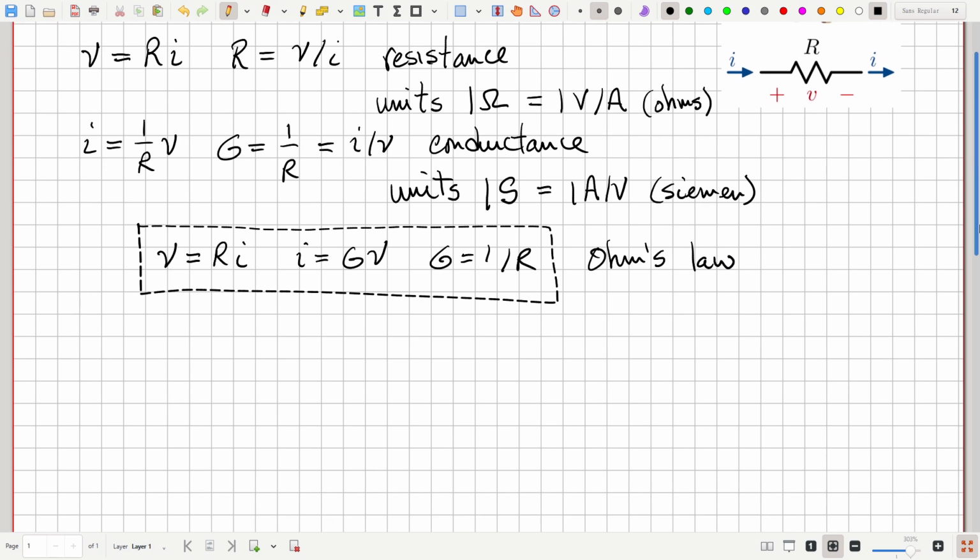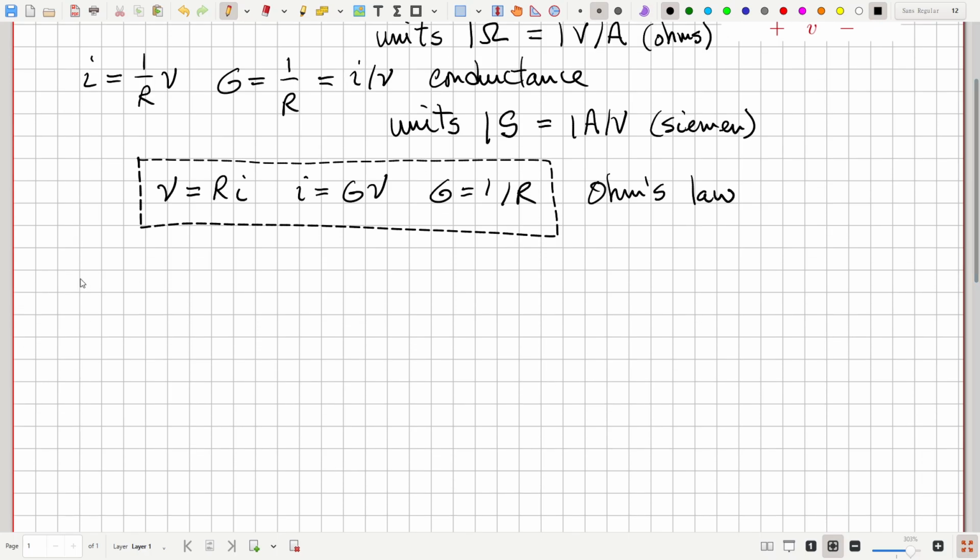Now, we know that with the passive sign convention, if we form the product voltage times current, V times I, that's equal to the power that is consumed in the device. If that's positive, positive power is consumed. If it's negative, negative power consumed is actually positive power produced.